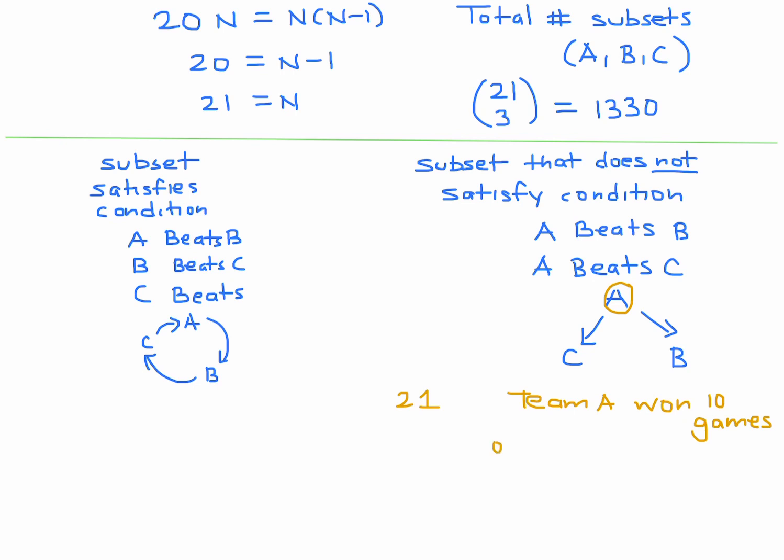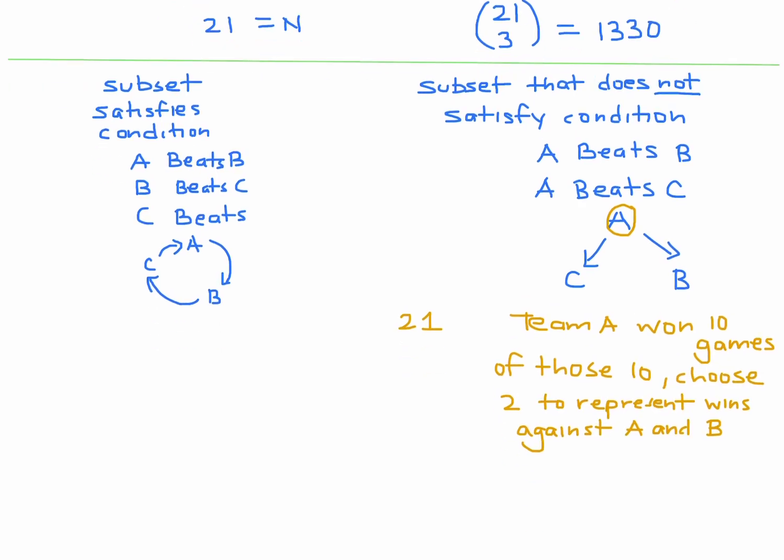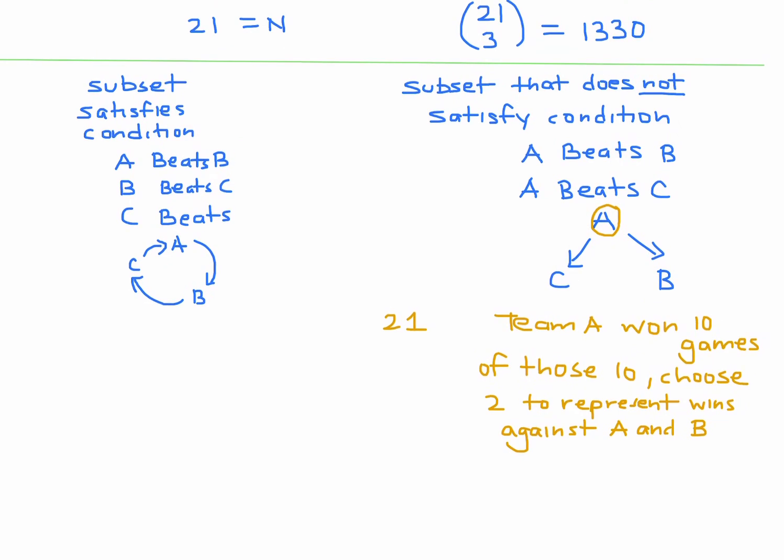Of those 10, choose 2 to represent its win against C and its win against B. So from those 10, choose 2, and when you do the calculation, that is 45. To figure out the total number of subsets of this form, it would be this 21, the number of choices for that first team, times this 45.